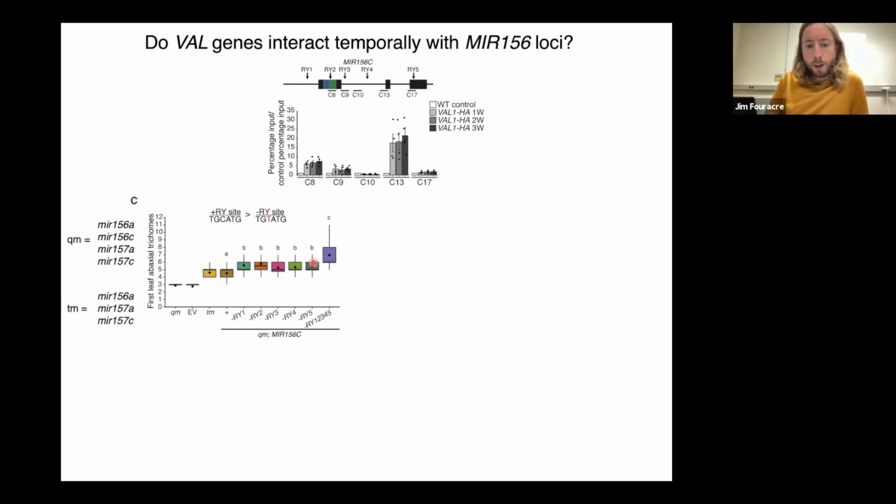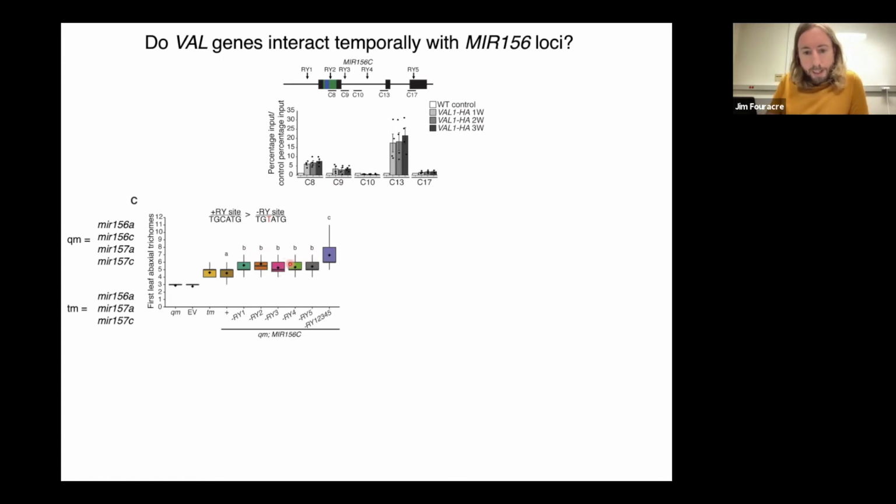And when all 5 RY sites are deleted in combination, you see an even greater delay in the timing of abaxial trichome production, showing that all 5 RY sites are functional, and that even though we don't see a temporal pattern perhaps for VAL1 regulation, VAL1 is certainly affecting 156 activity.